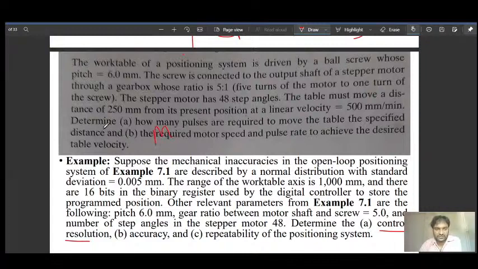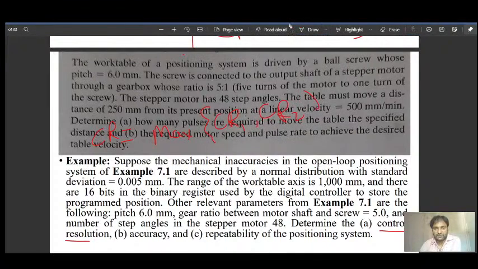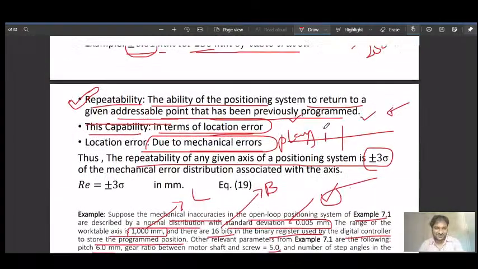As we know, CR is equal to the maximum of CR1 and CR2. Okay, so how do we calculate CR1?